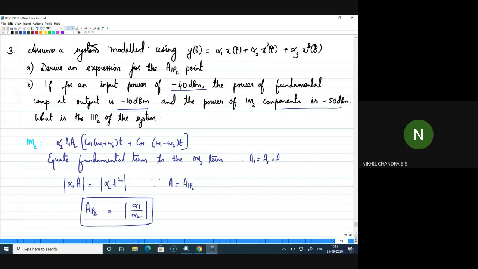Yes, sir. So we take the ratio of the fundamental component amplitude, that is alpha 1 A, and then we take the amplitude of the IM2 component, that is alpha 2 A square. A square, yes. So this becomes AIP2 divided by A, because we have derived that AIP2 is alpha 1 by alpha 2. Yes, true.